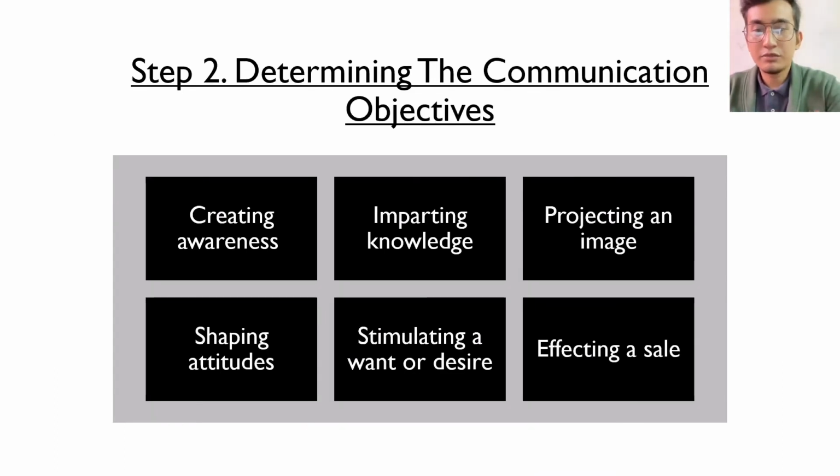So, step 2 is determining the communication objective. There are 6 ways to determine the communication objective. Firstly is creating awareness. Second is imparting knowledge. Third is projecting an image, shaping attitude, stimulating a want or desire, and effecting sales.